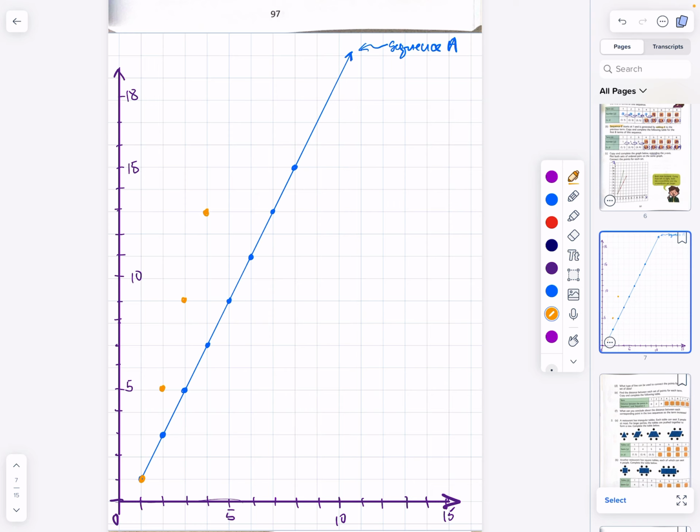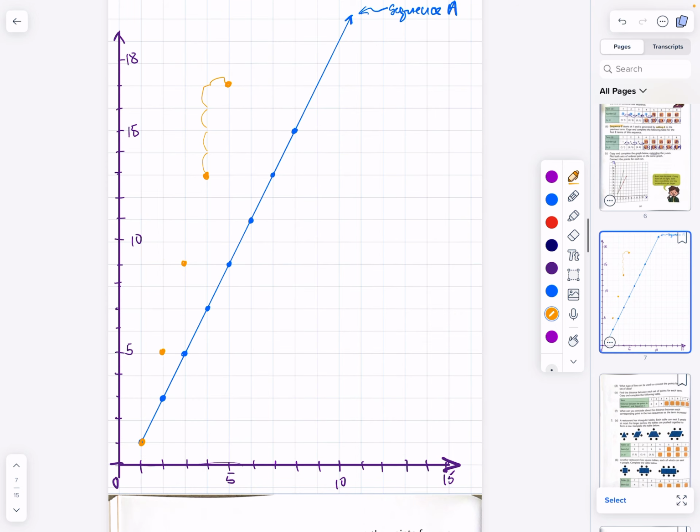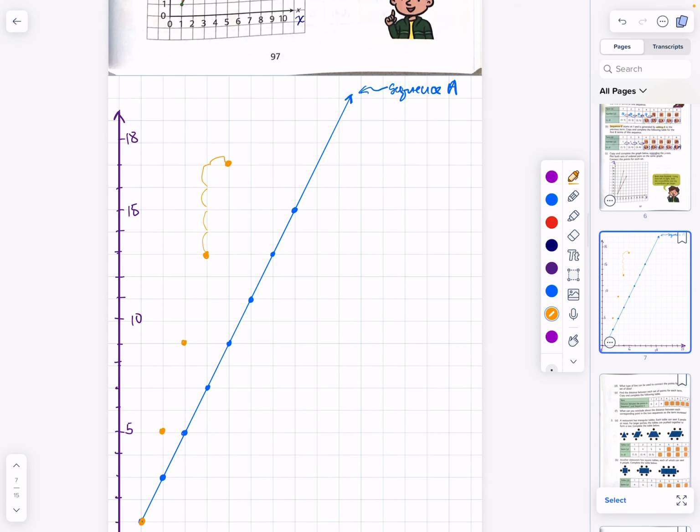And the fifth term is, again, we're going up. 1, 2, 3, 4. Remember, we were adding 4 and over 1, right? Right here. And the sixth term is 21. So again, 1, 2, 3, 4 and over 1. So right here, okay? So I'm going to pick up my pencil and I'm going to connect all these dots, and I'm really hoping to make a beautiful straight line right here.